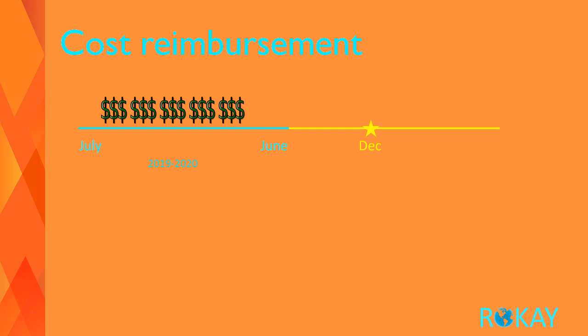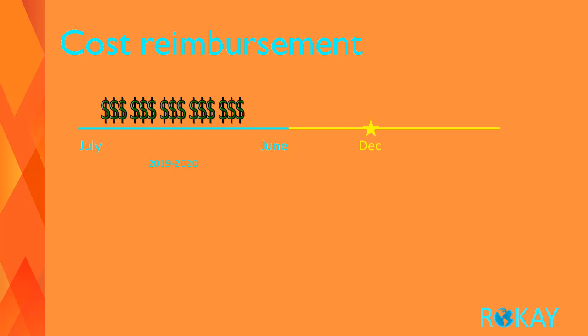So let's say that you turn in your cost report on December 1st. Do you get paid on December 2nd? Nope. Your state Medicaid agency has to validate all the information on your cost report. They have to make sure you followed all the rules, did all the calculations correctly, all that kind of stuff.